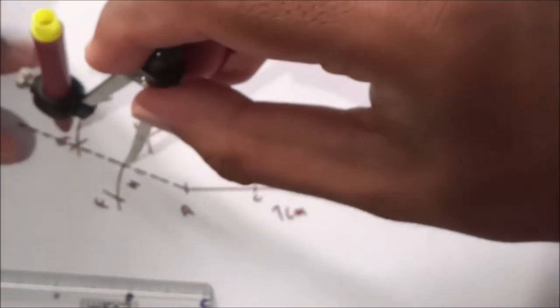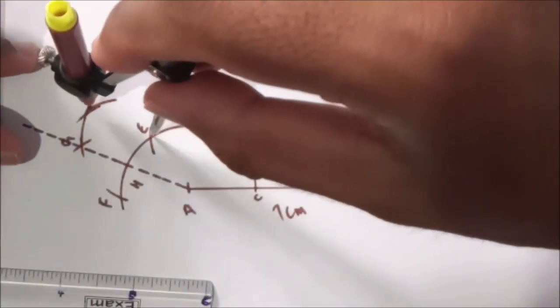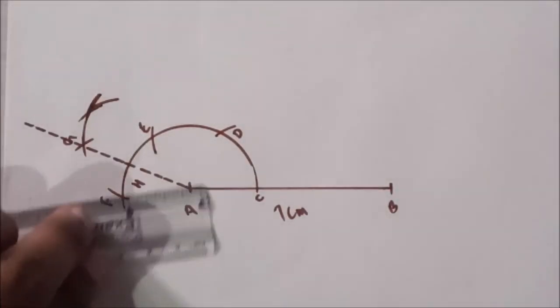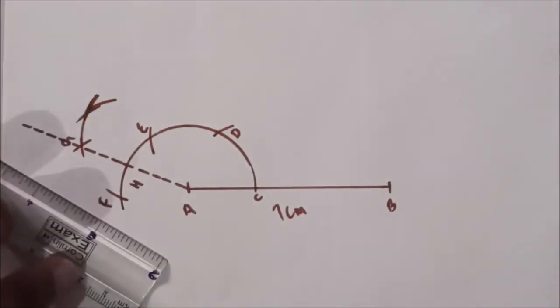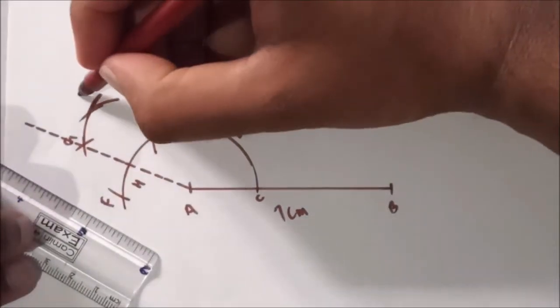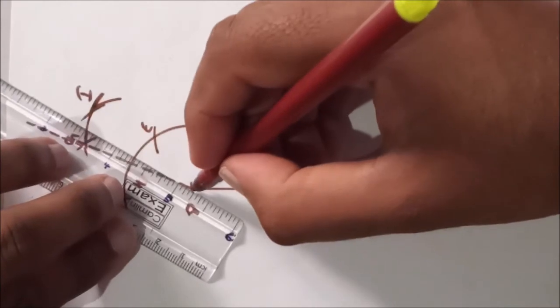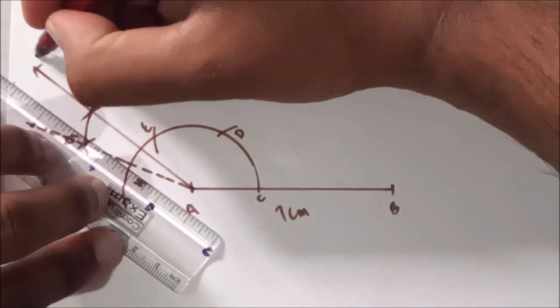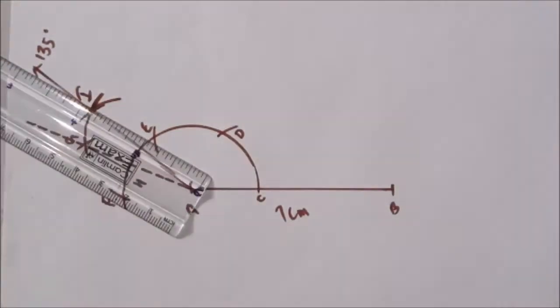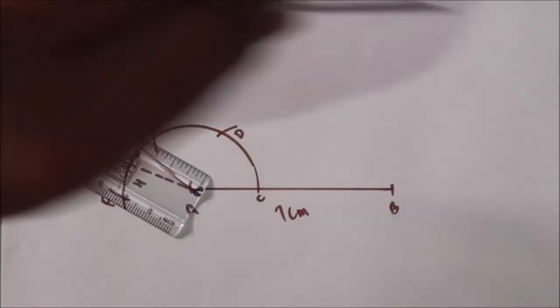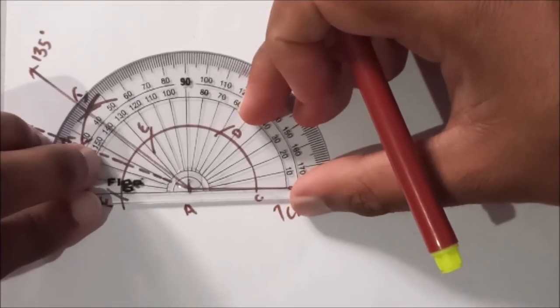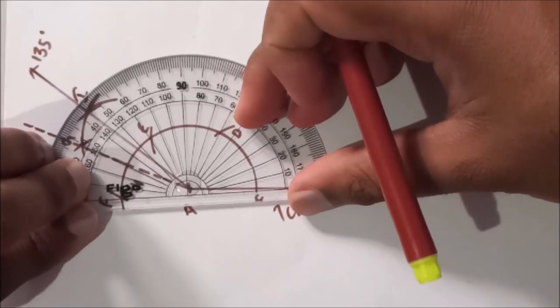From H and from E. Now I'll mark this point as I. I'll join A and I, and this is 135 degrees. Now I'll just check with the protractor. See, it's 135 degrees.